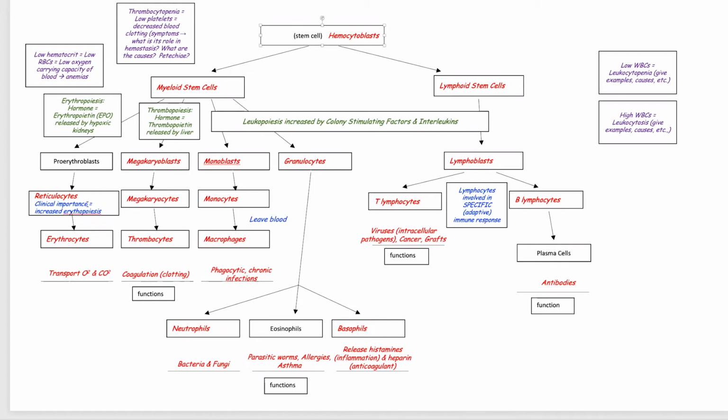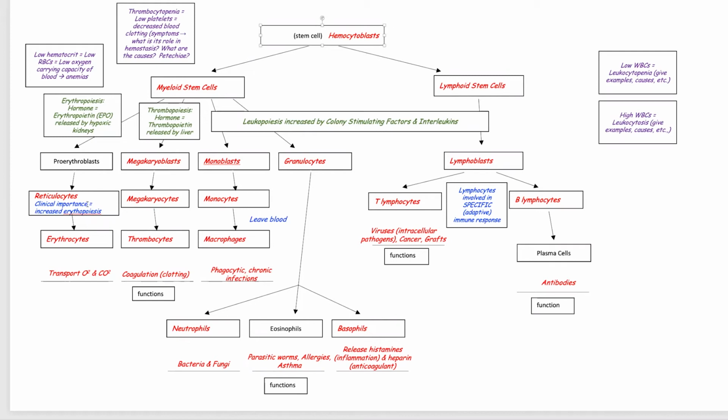If their numbers are elevated, that means that I have low oxygen carrying capacity in my blood. In other words, I don't have enough red blood cells. And increased levels of reticulocytes reflect increased erythropoiesis due to the low oxygen level or carrying capacity.